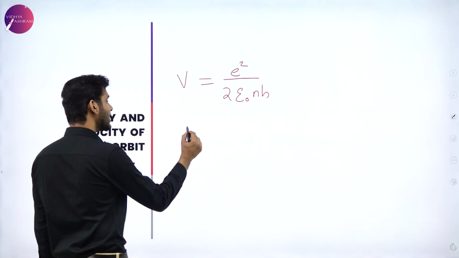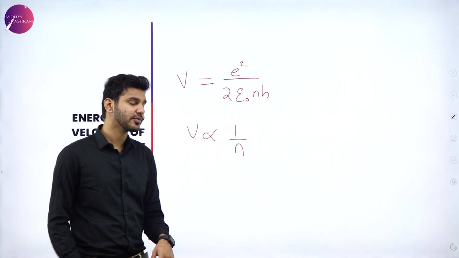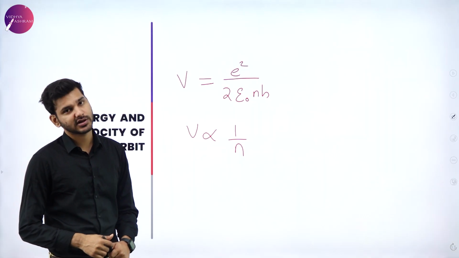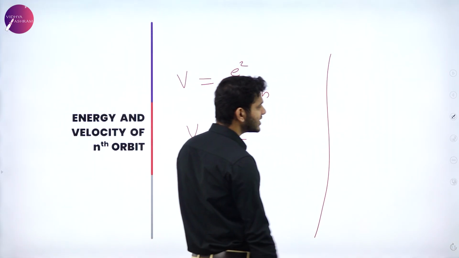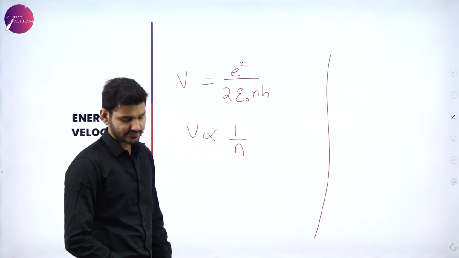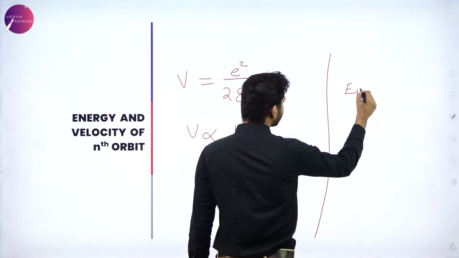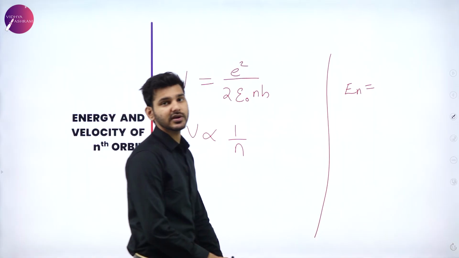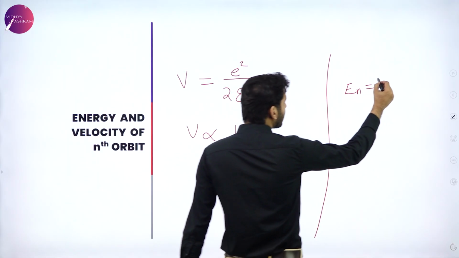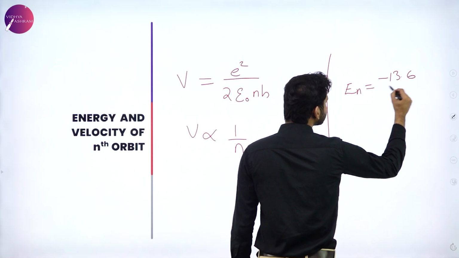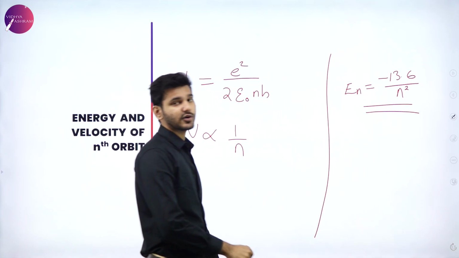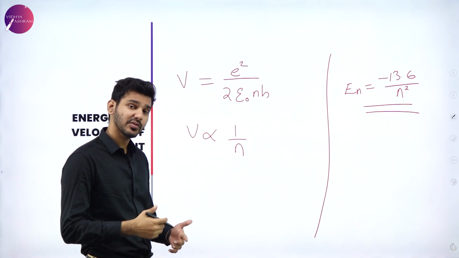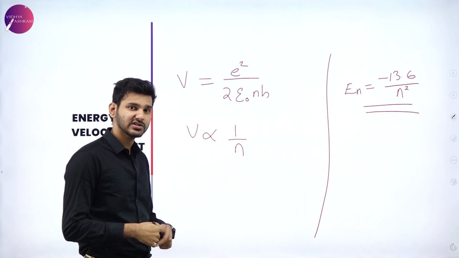So we can say that velocity will be inversely proportional to the principal quantum number. Just like that, for energy also we can find a relation, which states that the energy of the nth orbit is given by minus 13.6 divided by n square. This is obtained from the conservation of energy.